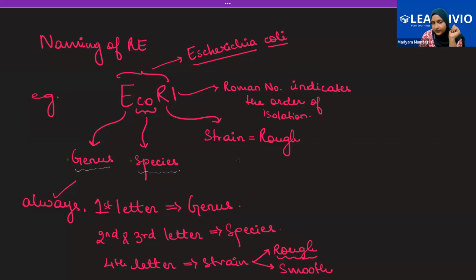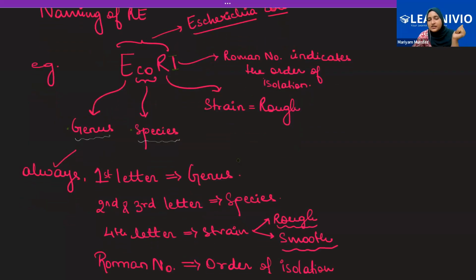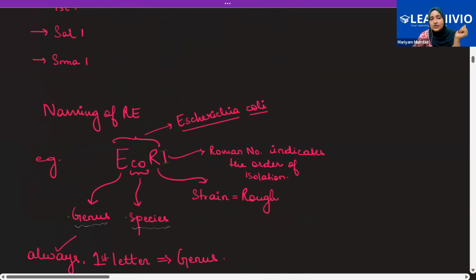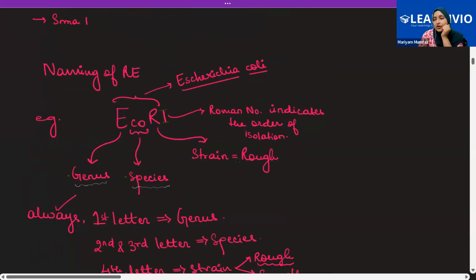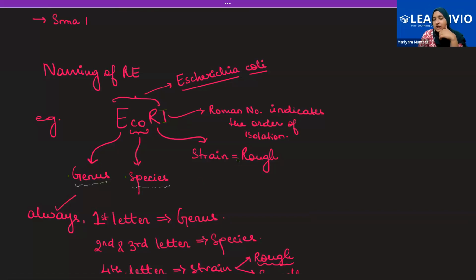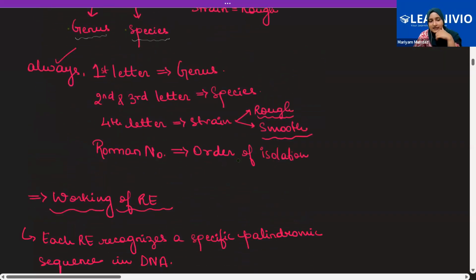The next letter is the strain, whether it is a rough strain or smooth strain. And then the Roman numeral indicates the order of isolation, whether it was taken out first, second, third, fourth, like that. So always remember this nomenclature standard. This particular EcoRI is extracted from Escherichia coli, the most common bacteria there is.